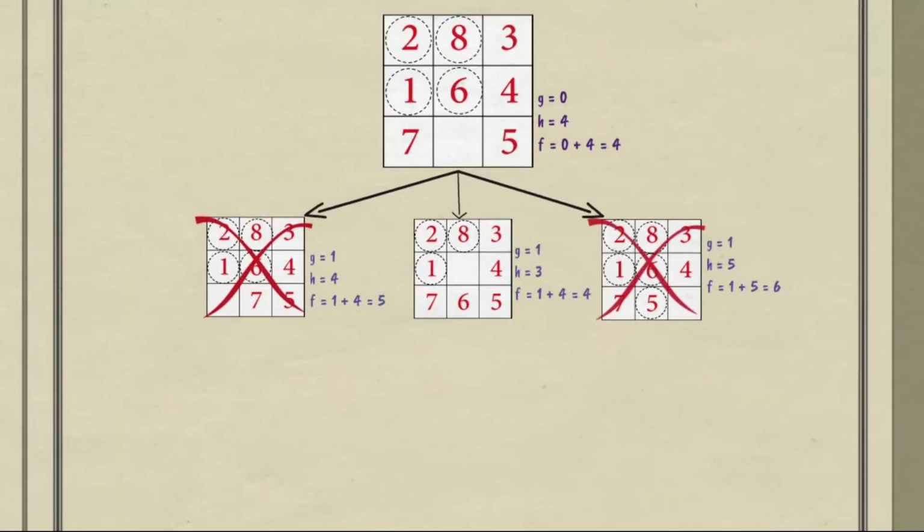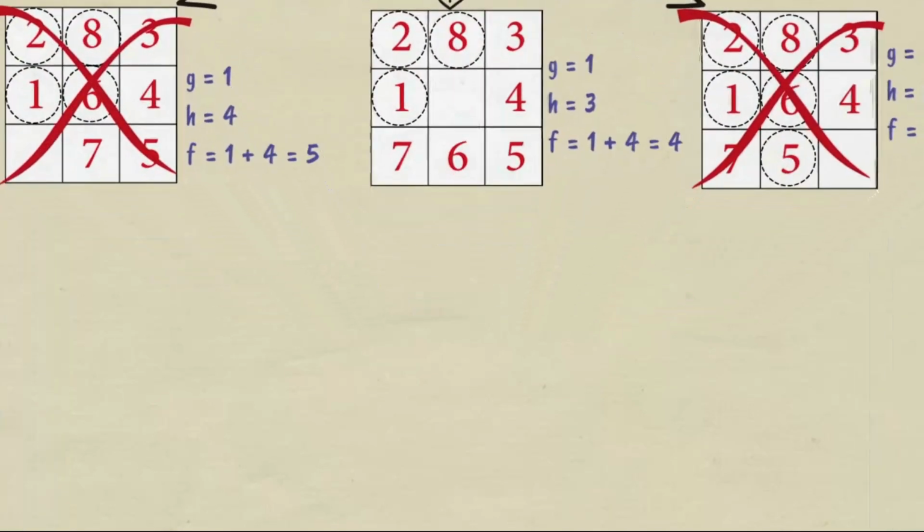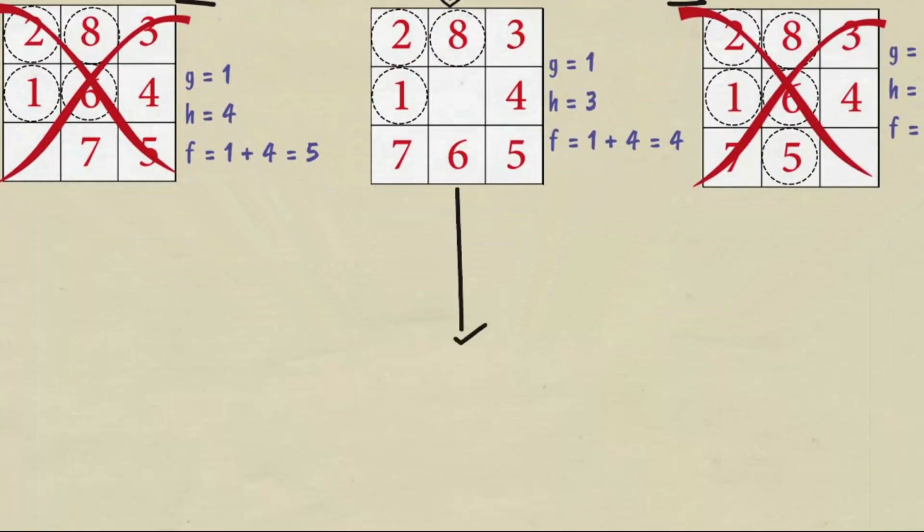Among these 3 movements we choose the least estimated cost of path. That would be the tile 6 movement downward. These steps continue until the goal state is achieved.